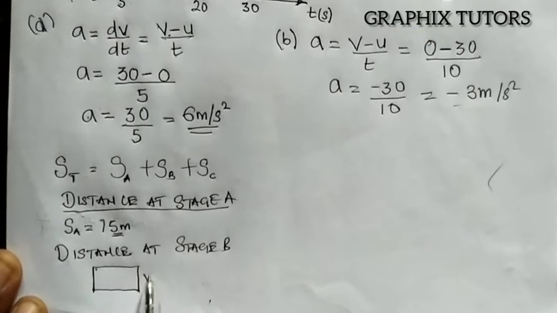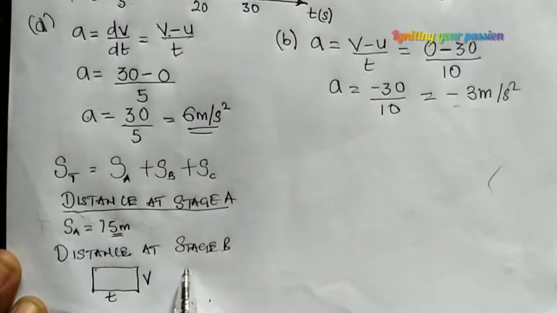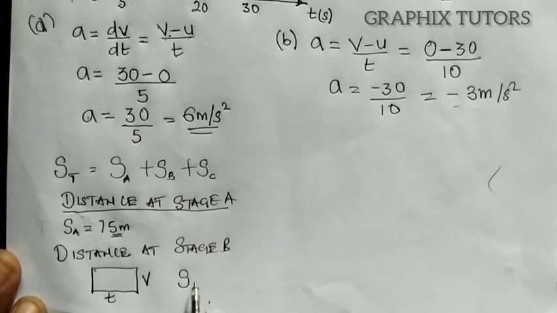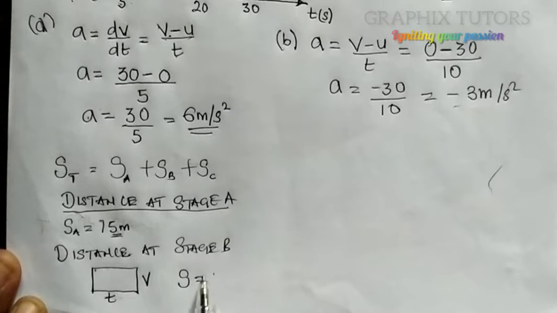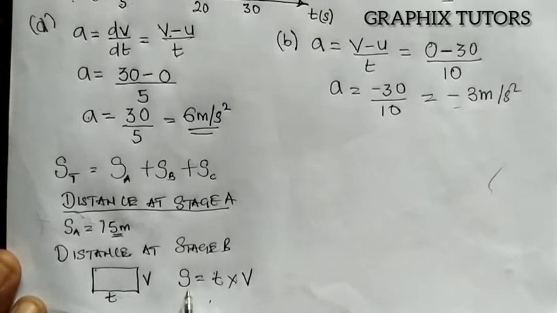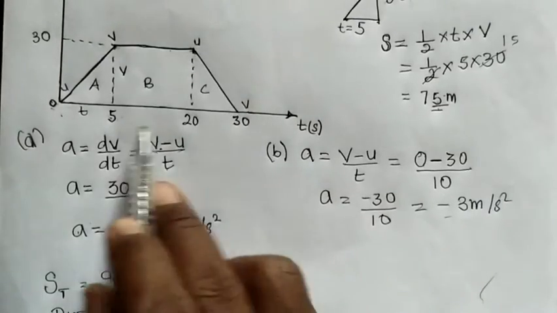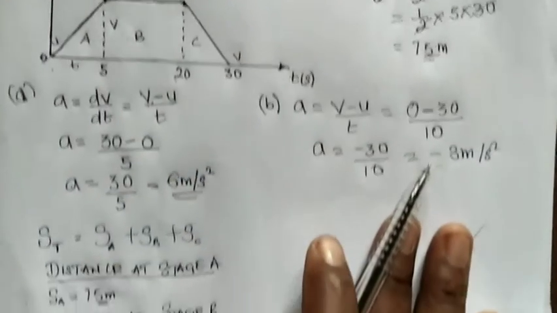Right? V is the height and T is the time. So we say that distance is the area of the rectangle, which is what? The length. Length here is the time T, times the width or the height, which is V. So my s, which is the distance, will now give me what is t. T will give me 20 minus 5, that is 15.